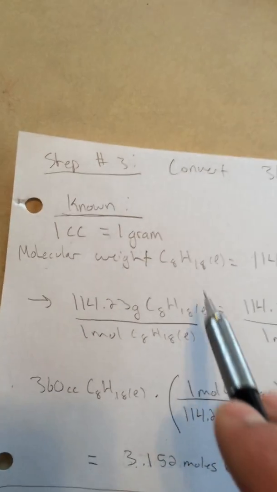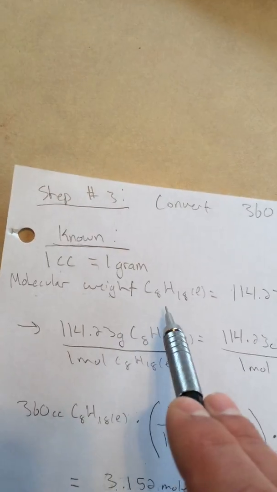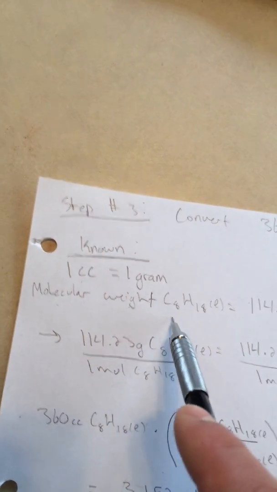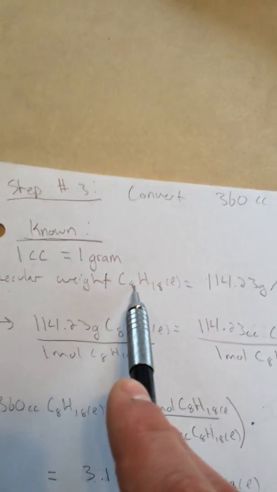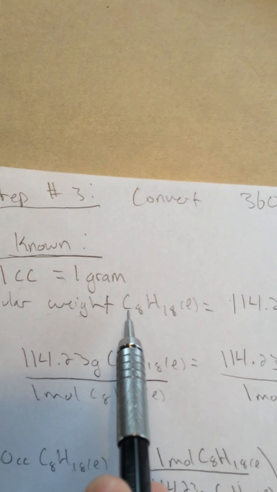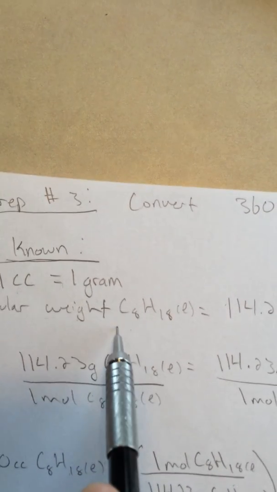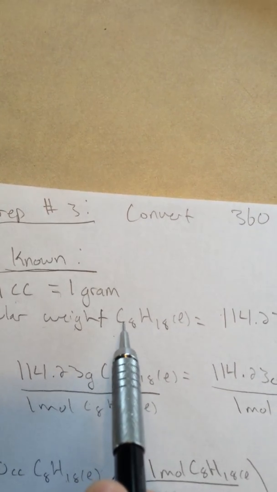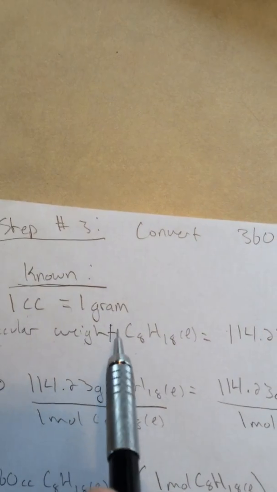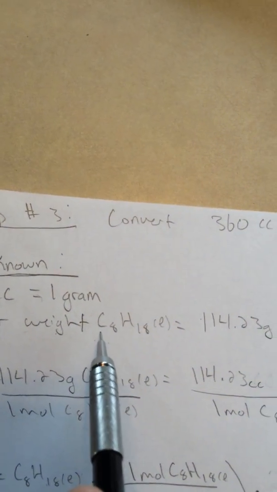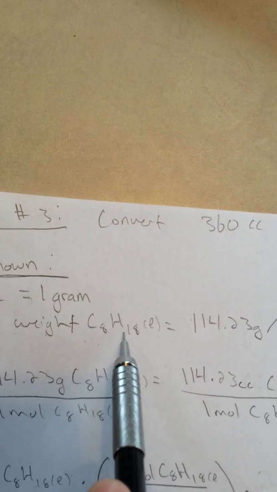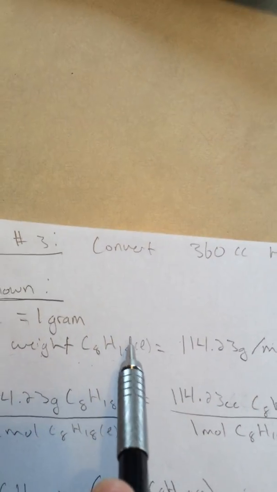And real quick, it's really easy to calculate the molecular weight of any molecule using a periodic table and these numbers here. So I know that the molecular weight of a carbon atom is about 12.01 grams per mole. And that of hydrogen is 1.008 grams per mole.